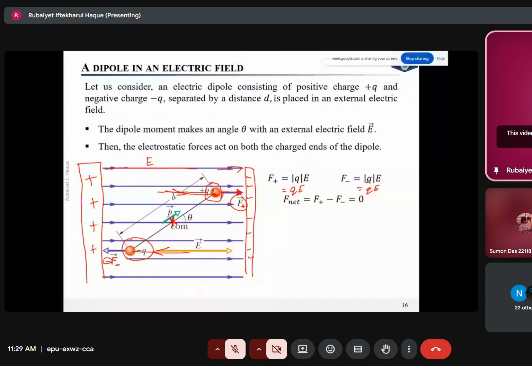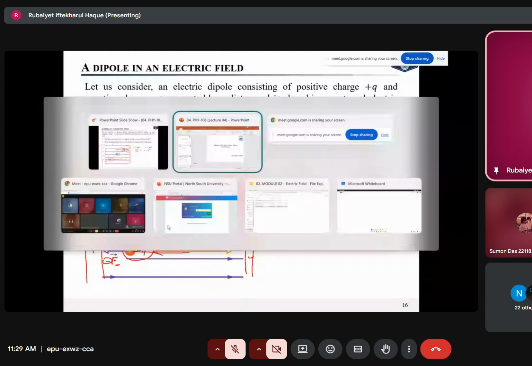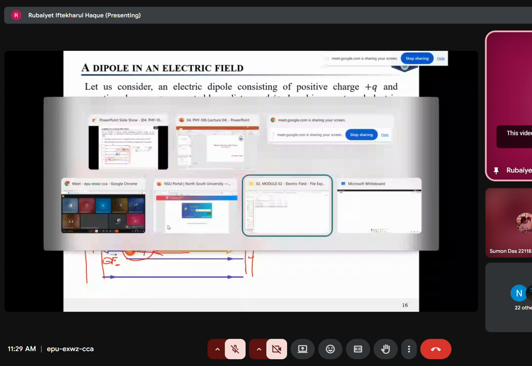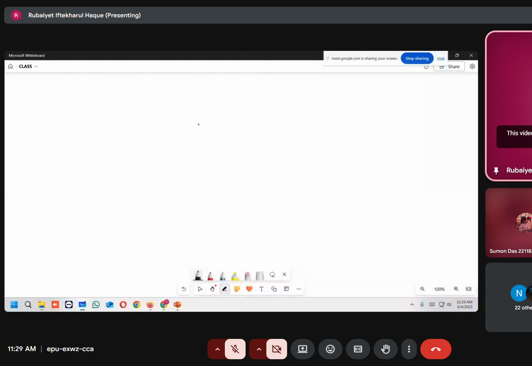So if you remember, let me go back to the whiteboard. What is the line of application here? So let's see, this is my dipole, this is positive charge, this is negative charge, this is my center. If my electric field is like this, in that case my force F plus will be like this, F minus will be like this.